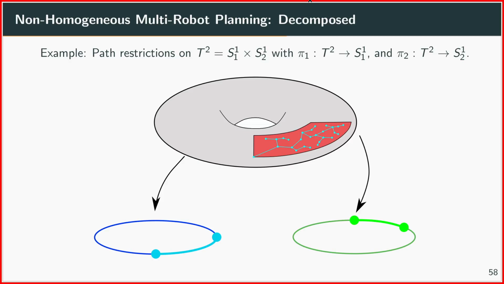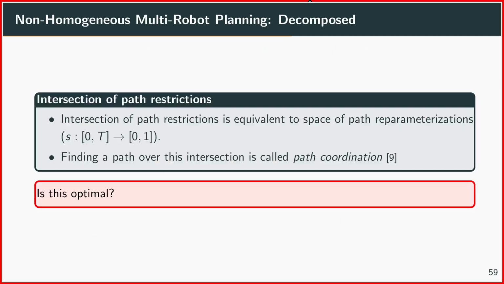Okay, so this is basically a visualization of how this whole decomposition-based approach works. And as I said, we compute intersections here of path restrictions, and this is also equivalent to the space of path reparameterization.